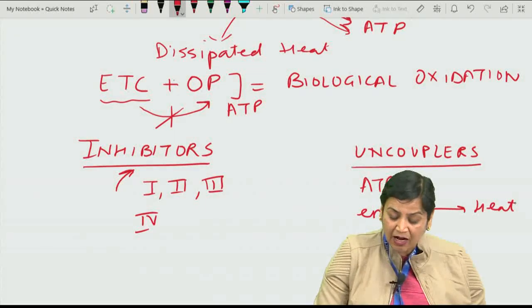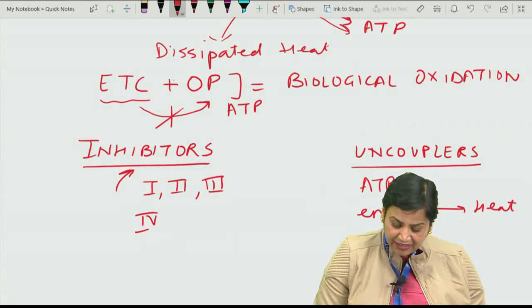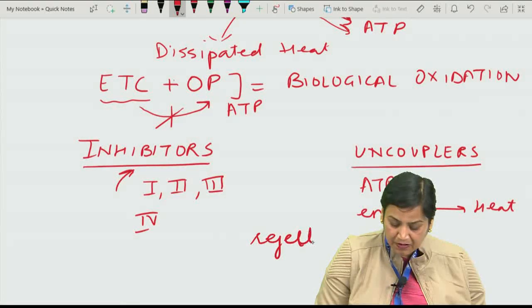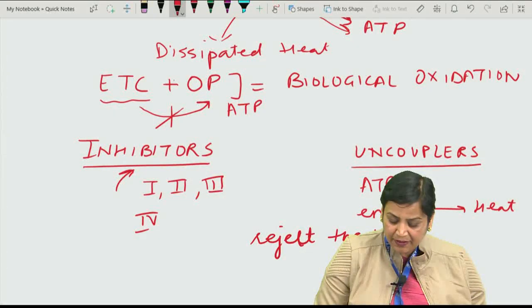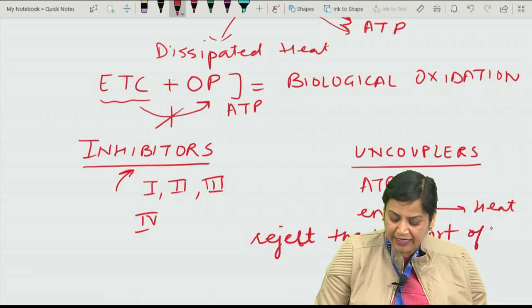Or you can say how these uncouplers act: they can either reject the transport of ADP or ATP, because the precursor of ATP is ADP.